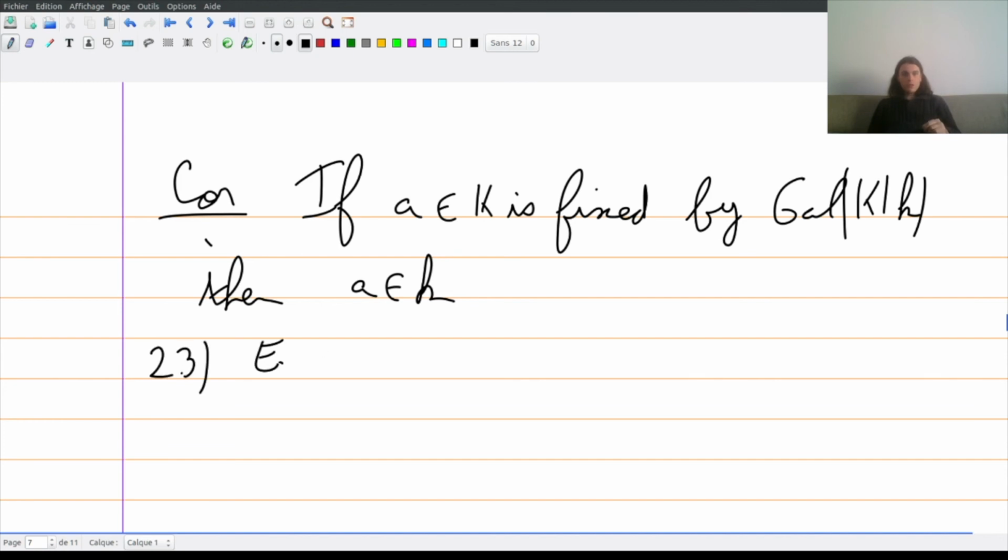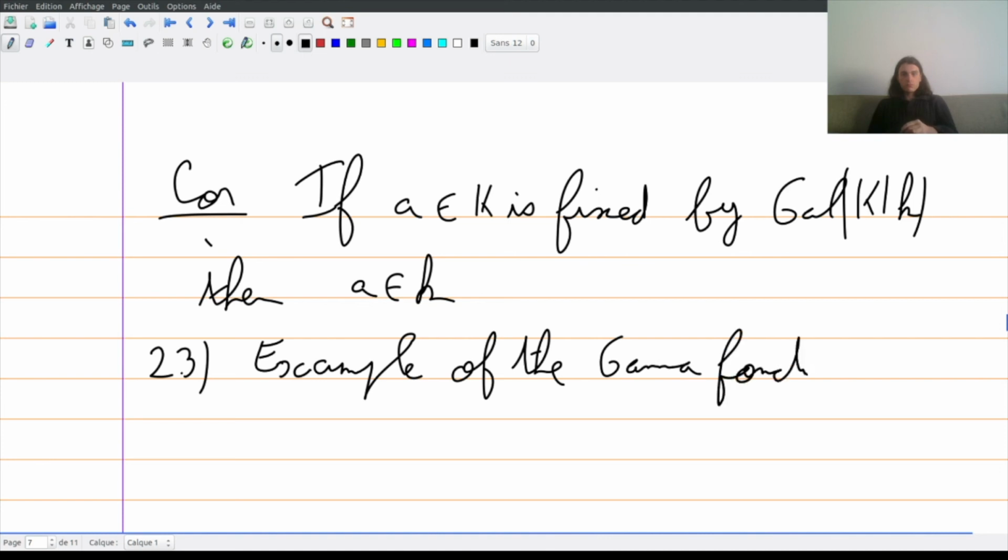So I think we have done sufficiently much theory. So let me treat the example of the gamma function. Let me start with an exercise.